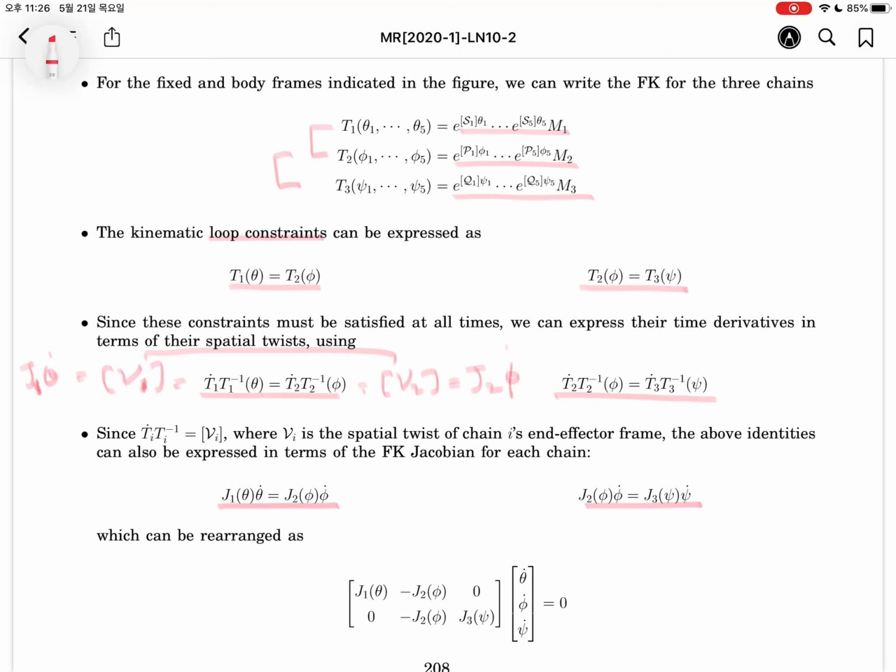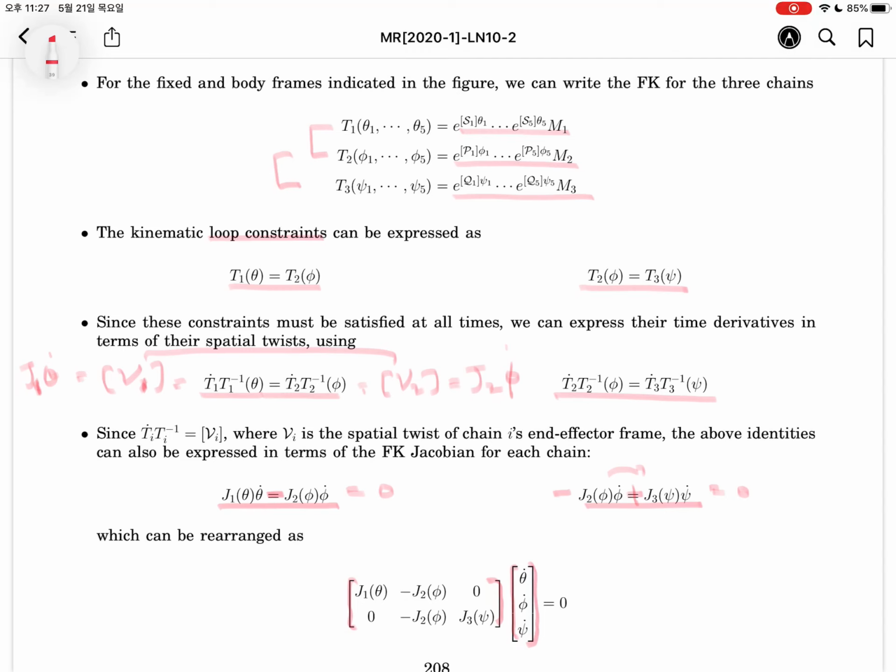Okay, here if we move to the left hand side, this will be 0. If we move to the right side, this will be 0. So by collecting both sides, we have a big matrix and a 15-dimensional velocity vector.